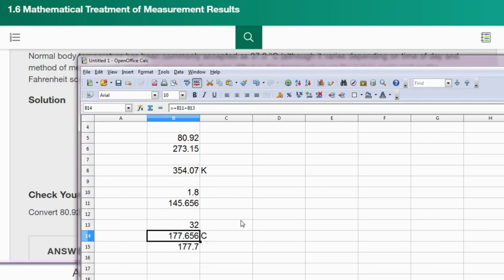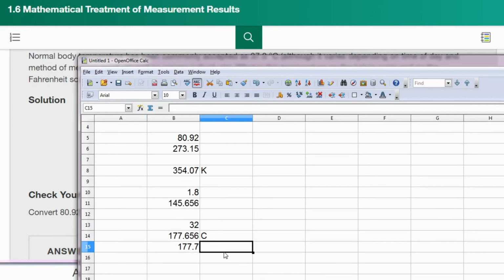177.656. Since the original number we're converting from Celsius to Fahrenheit has 4 significant digits, hopefully you remember how to compute the number of significant digits, I round that to 4 significant digits.